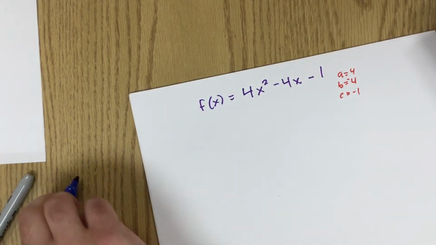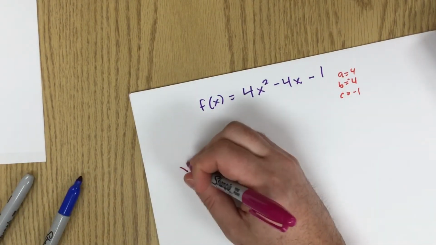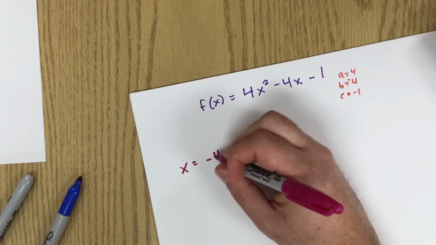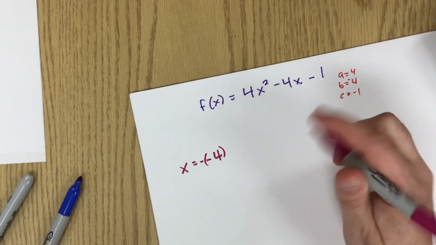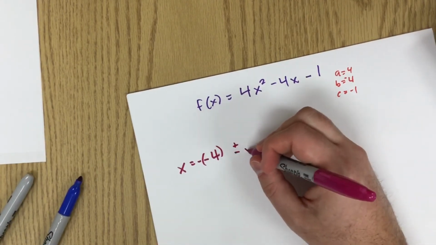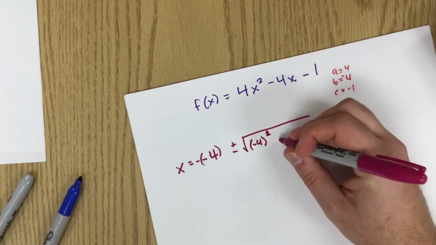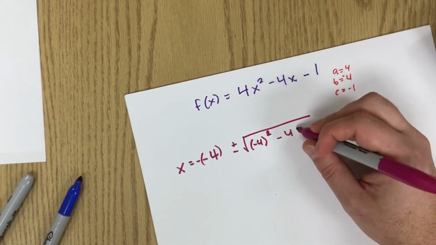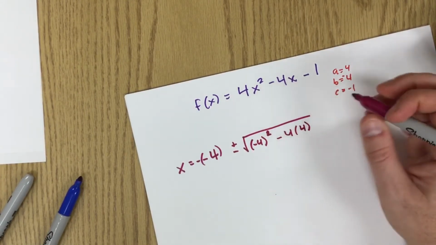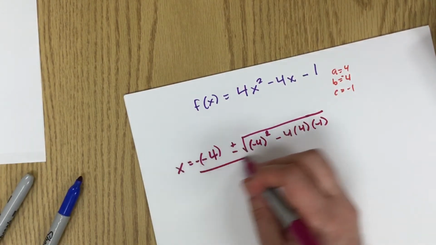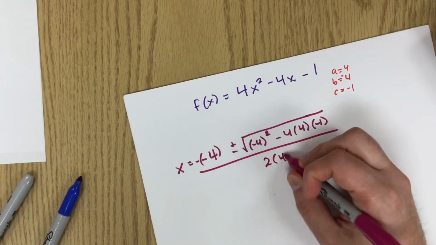So we know that x equals minus b, minus -4, plus or minus the square root of b squared minus 4 times a times c, which is -1, all over 2 times 4.